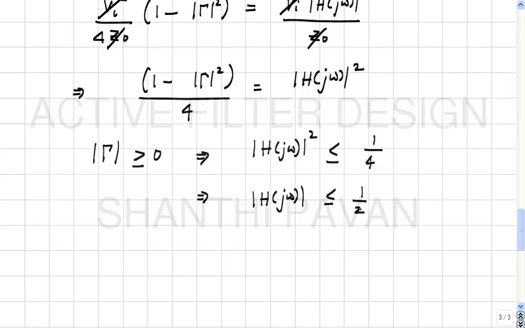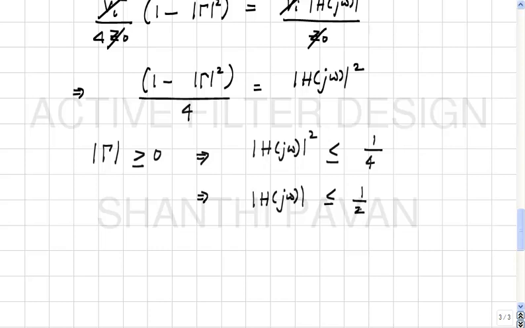But this is telling you, and this is coming purely from an energy conservation viewpoint, that power dissipated in the network must all be in the resistor and so on. Therefore, if you have an equally terminated LC ladder, the transfer function from the input to the output, the magnitude cannot exceed half for any frequency.